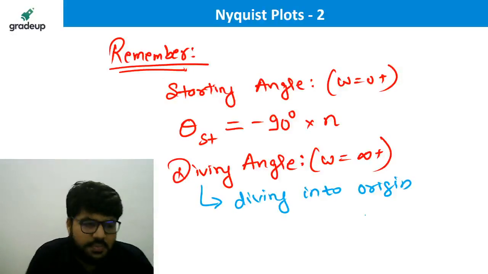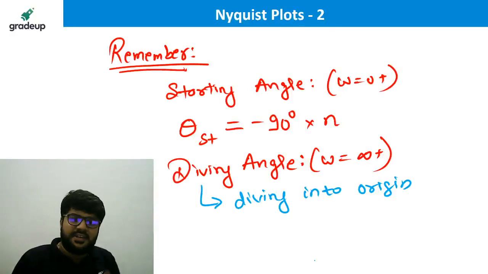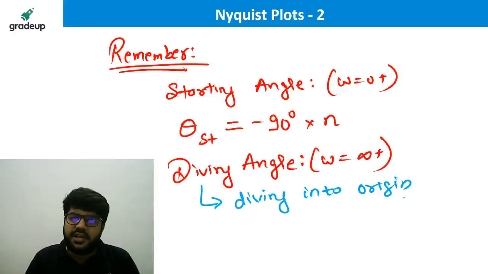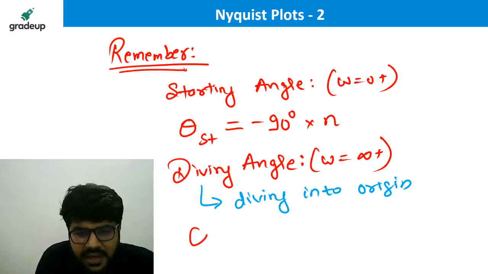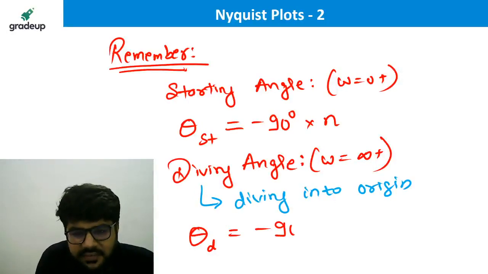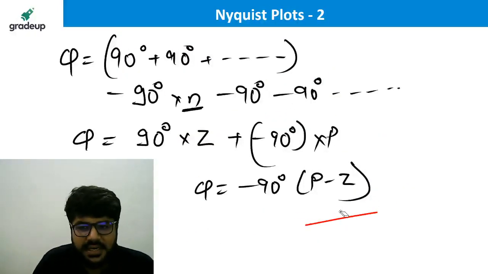Recall all of the polar plots that we have seen till now. At omega equal to infinity plus, 1 upon infinity is 0, magnitude 0 means origin. So you are diving into origin. So diving angle means at what angle you will dive into the origin. I will write it as theta d, and that is just given by minus 90 degree into p minus z.